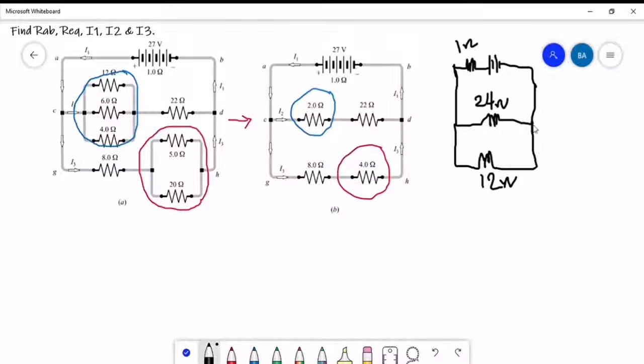So now is to find the combined resistances for this one.